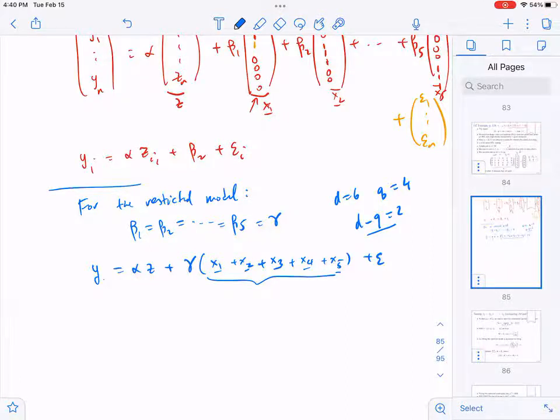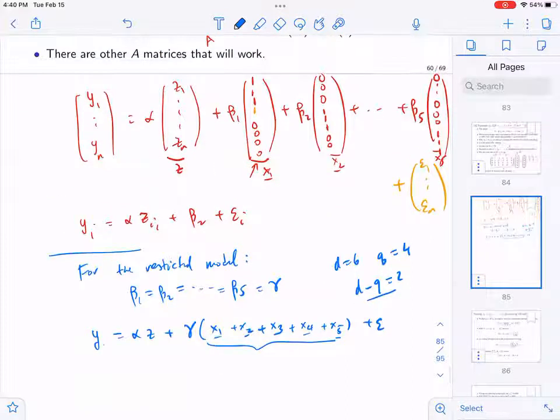Now what is the summation of these covariates in this case? You look at the structure of this here. I'm basically adding these vectors up.